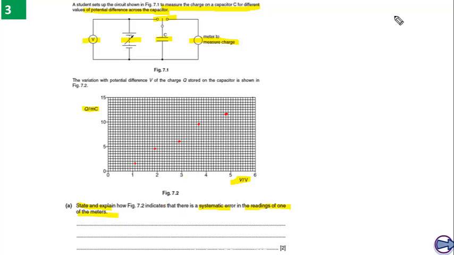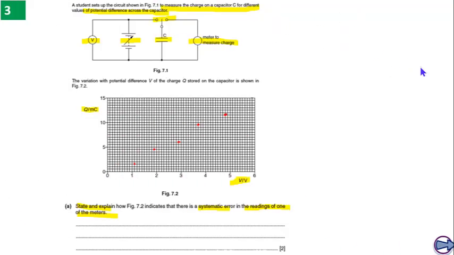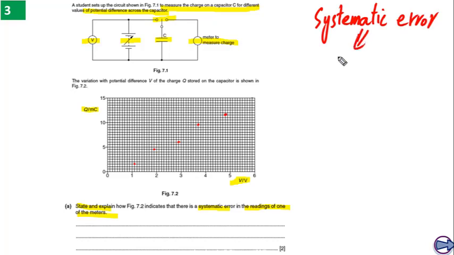Let me explain to you first of all what is systematic error. Systematic error is the key thing we need to understand. If we don't understand systematic error, then it is difficult to answer this question. Systematic error simply means that our measurements will be greater than or smaller than the actual value.